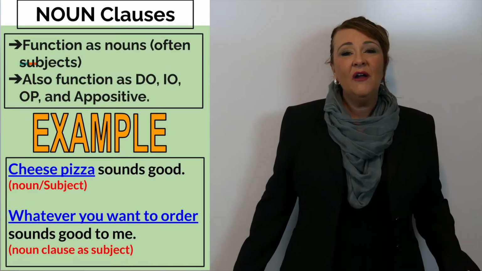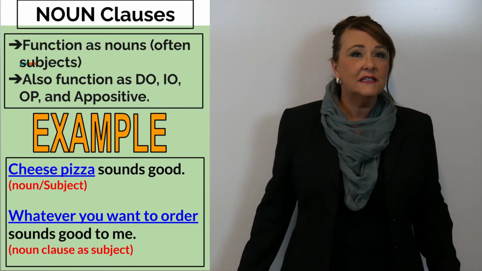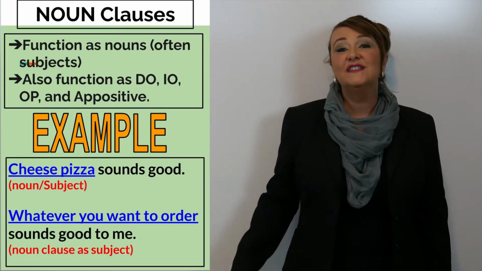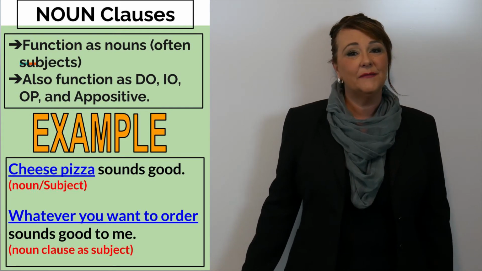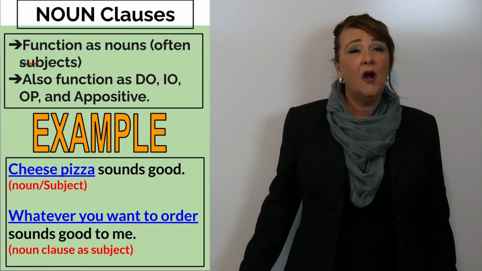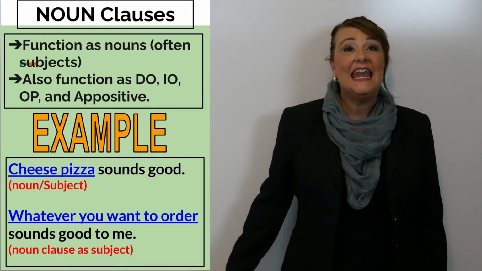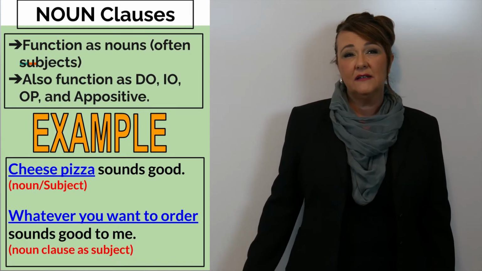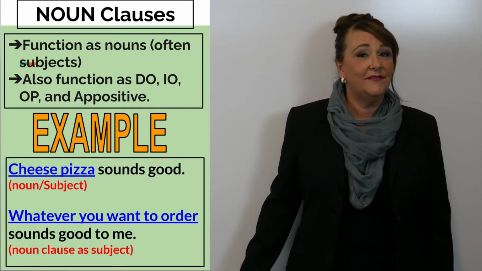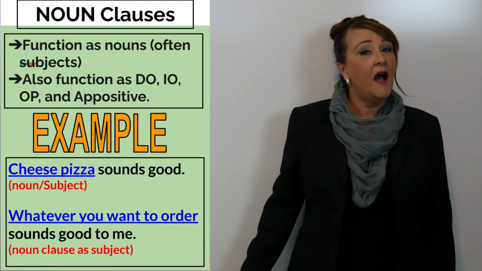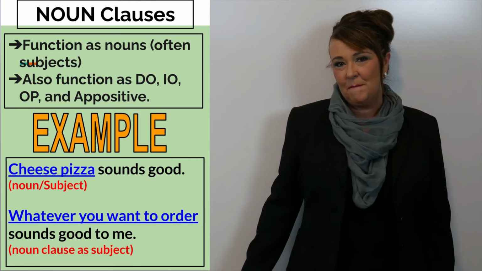A noun clause functions like a noun, and it's often the subject of the sentence. A noun clause also functions as a direct object, an indirect object, or an appositive. Sometimes it also can be the object of the preposition.